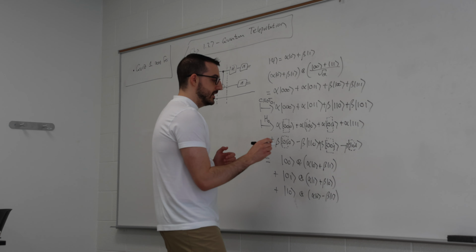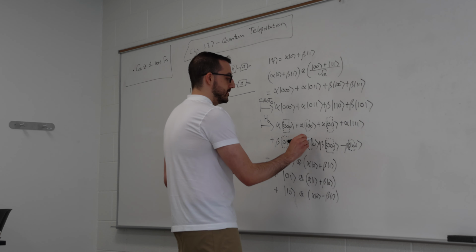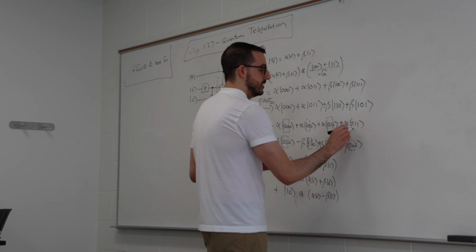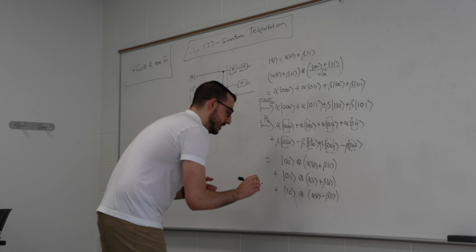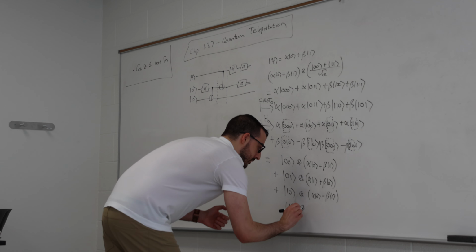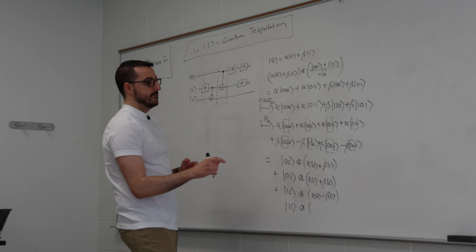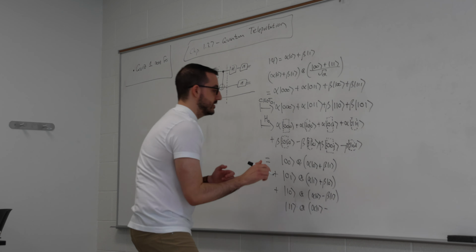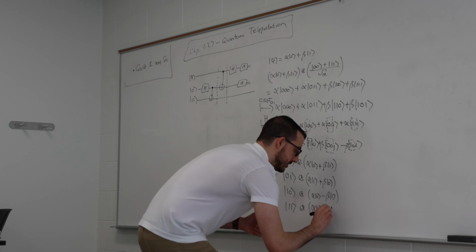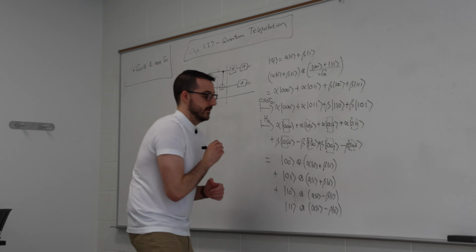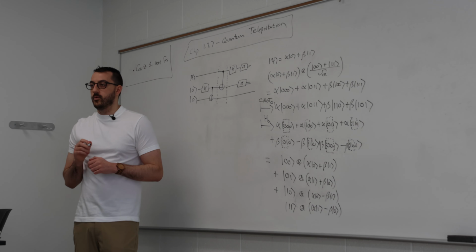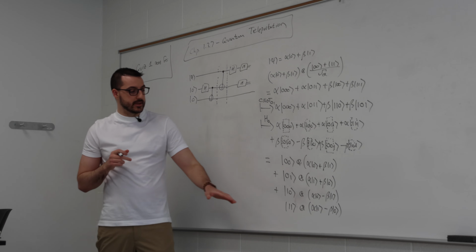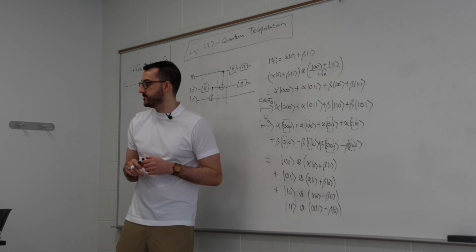And then the very last case is when both qubits are in the state 1, 1. So this gives us 1, 1 tensor alpha 1 minus beta 0. What operation could Bob do in this case to recover the initial state?